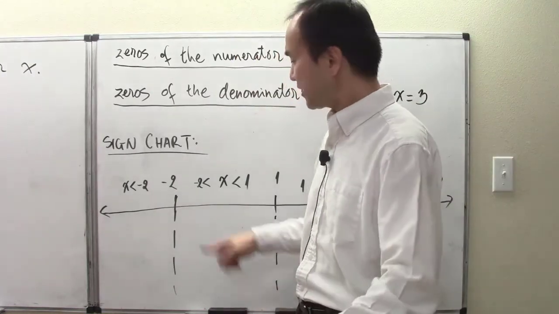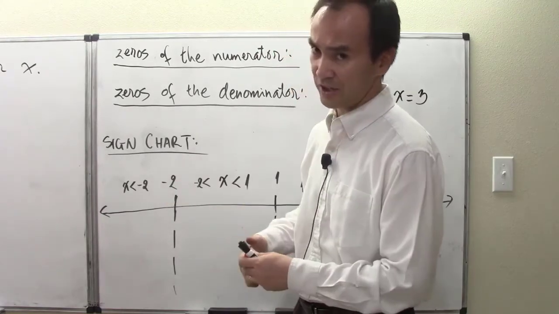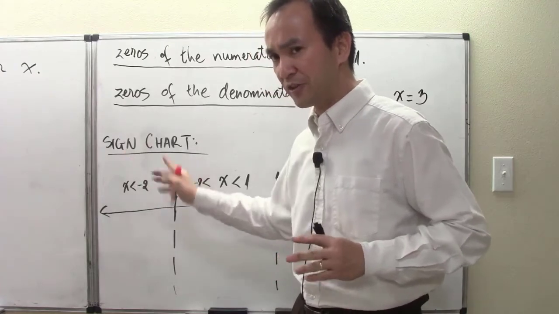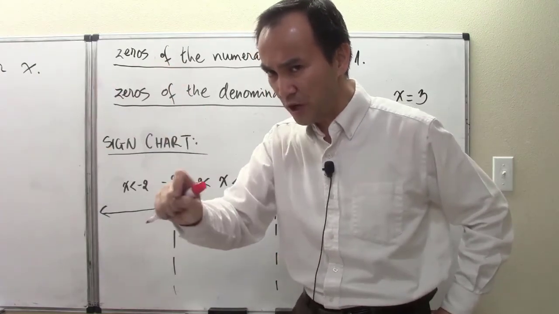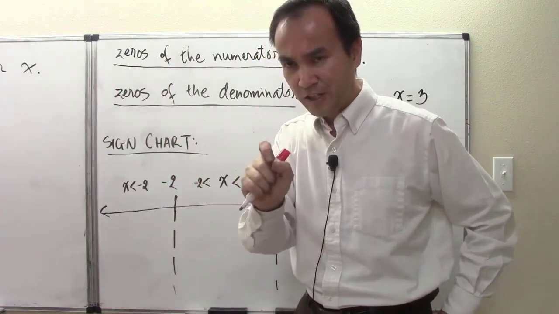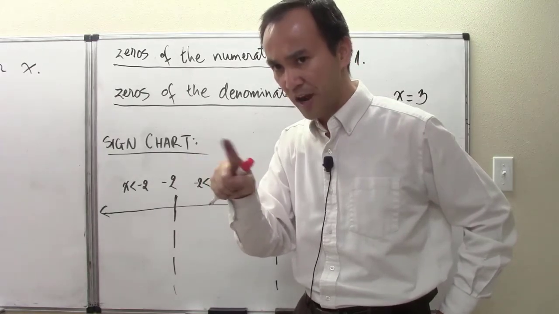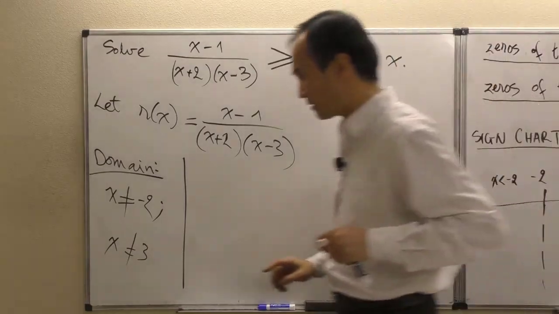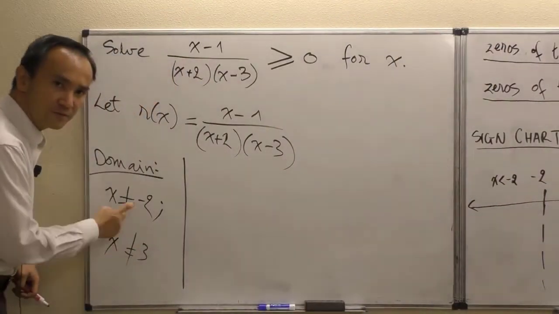For the first interval, just like we have seen in the earlier parts, anytime we pick a value, we want to make sure the value we picked does not fall into those values excluded from the domain. Our domain excluded these 2 values.